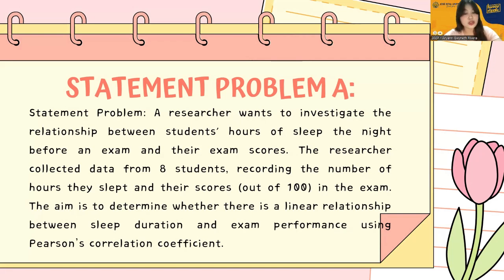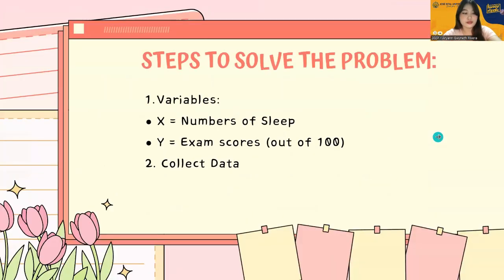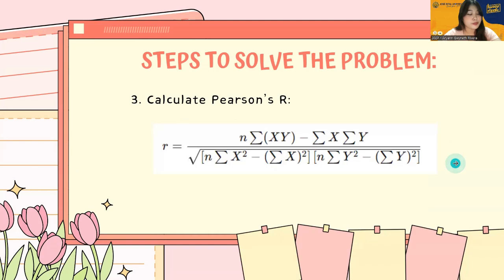The aim is to determine whether there is a linear relationship between sleep duration and exam performance using the Pearson correlation coefficient. In order to solve this problem, we need to get the variables. X is the hours of sleep, Y is the exam scores. Next is to collect the data, and next is to use the Pearson r formula to solve.